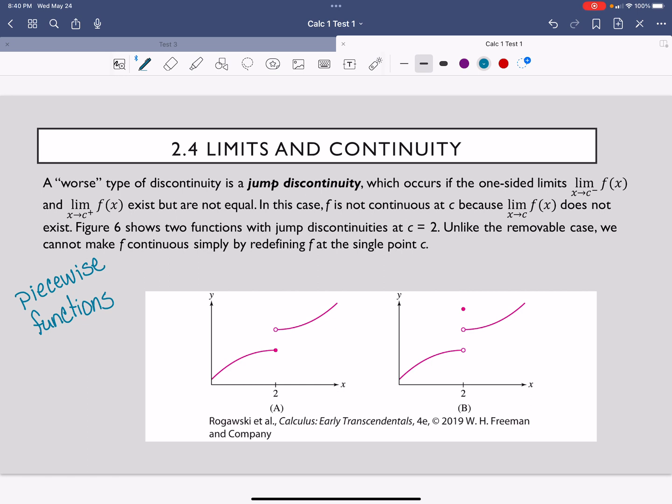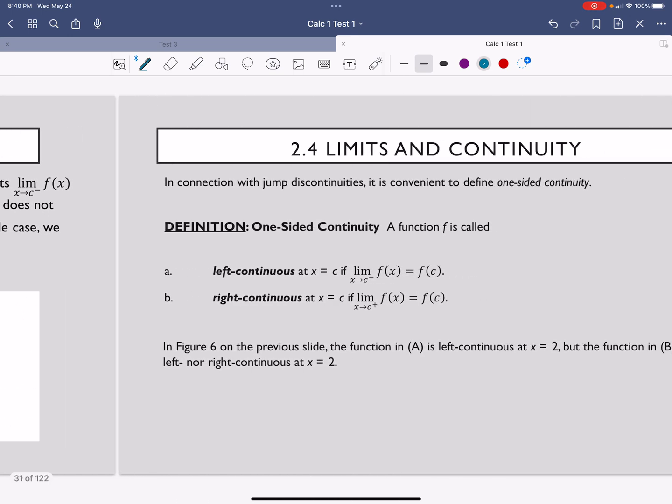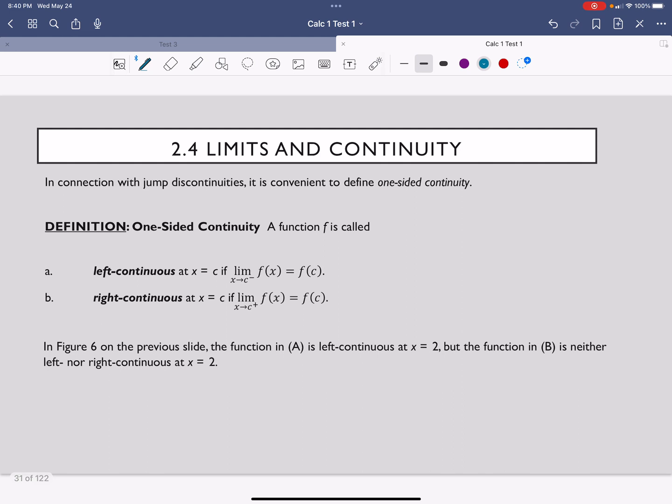Now, I want to talk a little bit about the function being left continuous and right continuous. So I'm going to go to the next slide, and then I'm going to come back to this. A function that is left continuous means that the limit of f of x as x approaches c from the left equals f of c.